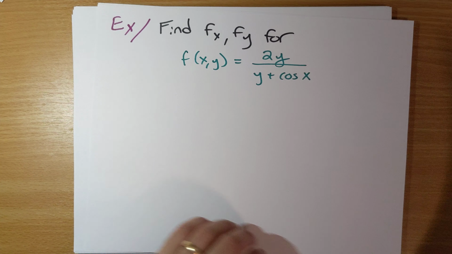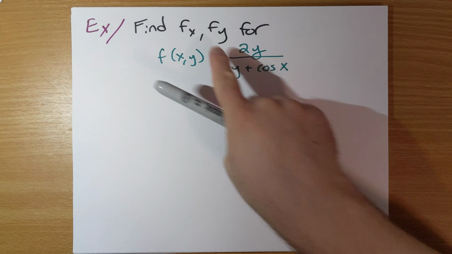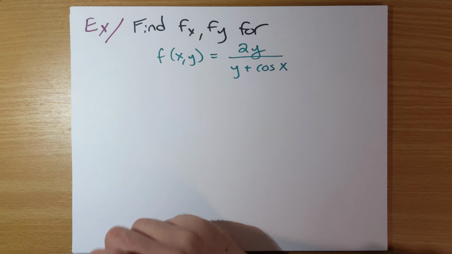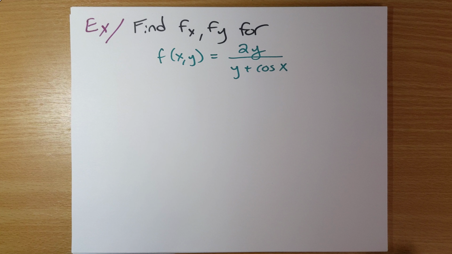I want to do this one next, this quotient rule problem. We have to find f sub x and f sub y, those partial derivatives, of 2y over y plus cosine x.